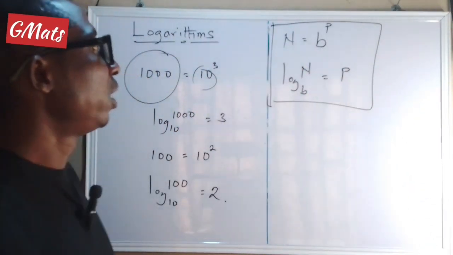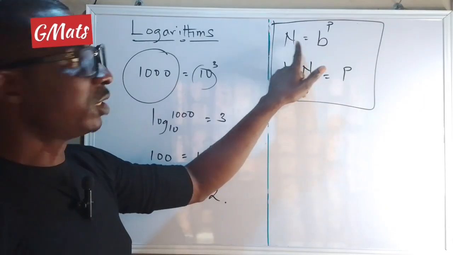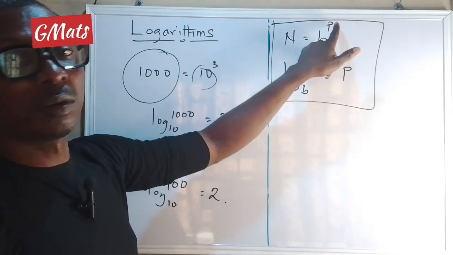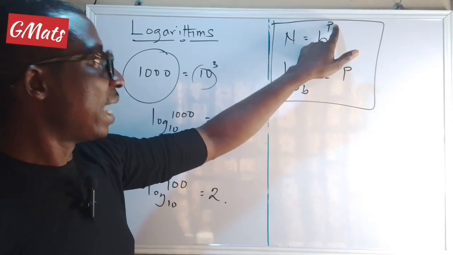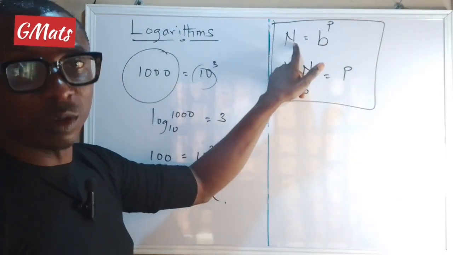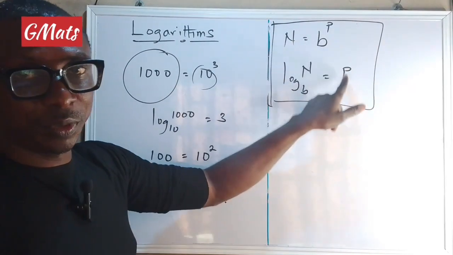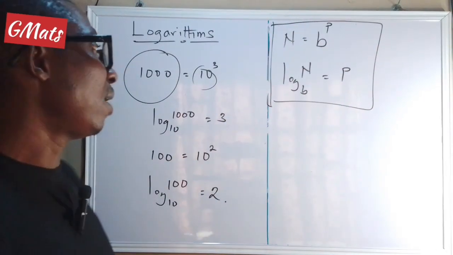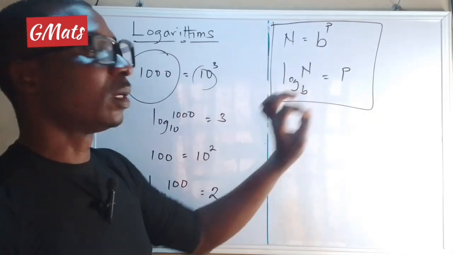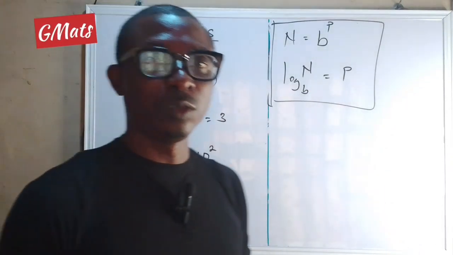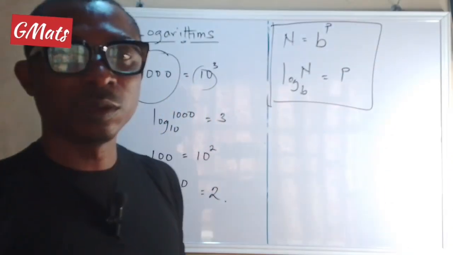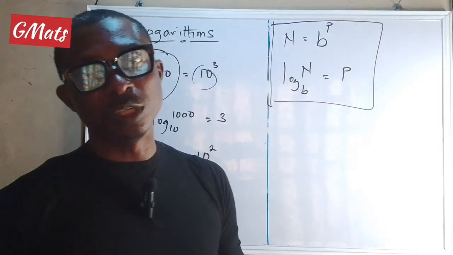Okay, so if we have a number which is equal to b raised to the power of p, then we can say logarithm of this number n to base b is the power p. Alright, now this relationship, we are going to be making use of it in solving some logarithmic equations.